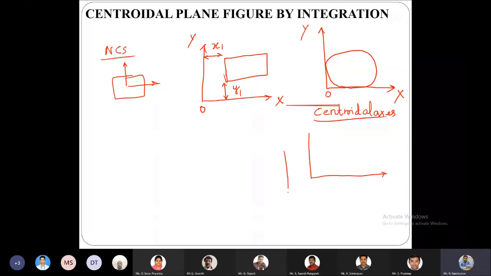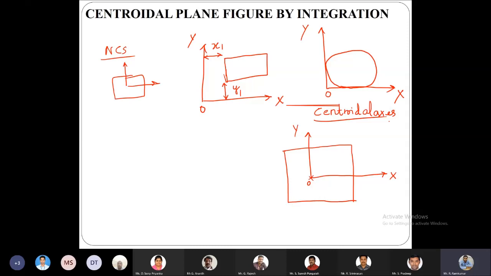For instance, let us take this as a rectangle, and for this rectangle we have the centermost point O. Here the axis is not exactly at the center, so approximately we are saying let this O be the center of this particular lamina. So here you can see that the OX axis and the OY axis are passing through the center point or the centroidal point of this particular lamina. So then they are called the centroidal axis. Generally they are denoted by x bar and y bar, or sometimes as the x bar axis and y bar axis. Okay, so this is a simple terminology on the different types of coordinates.